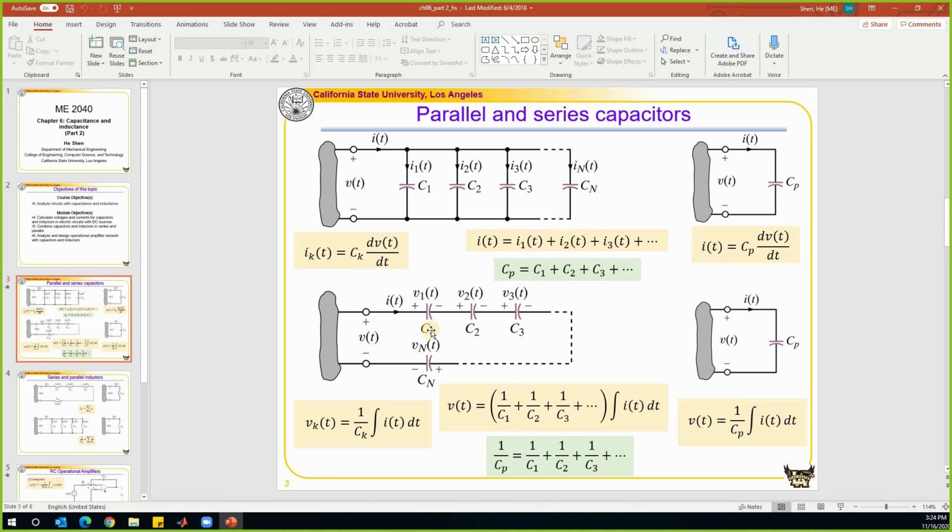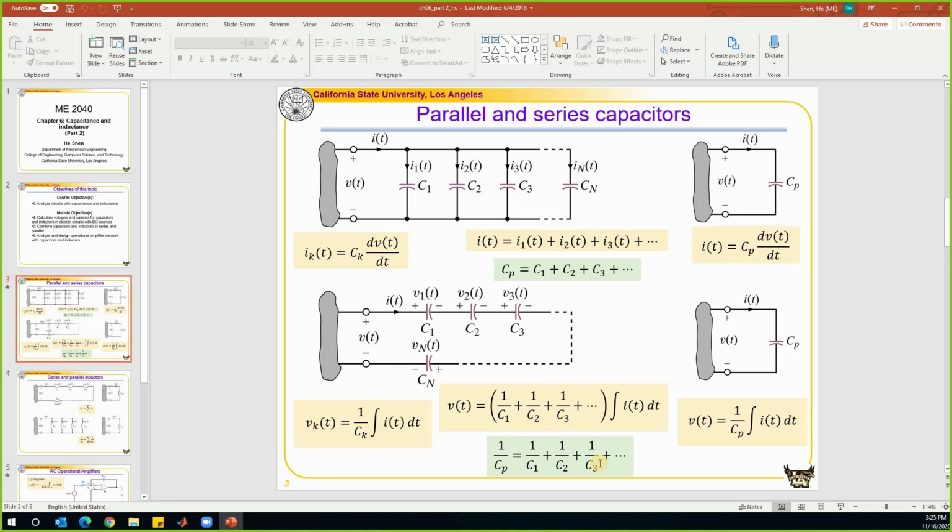Similarly, V1 is equal to 1 over C1 times the integration of I t dt. Similarly, the voltage drop on this capacitor C2 is equal to 1 over C2 times the integration of our current IT dt. So we put them all together, and we find that 1 over Cp is equal to 1 over C1 plus 1 over C2 plus 1 over C3 until the end.